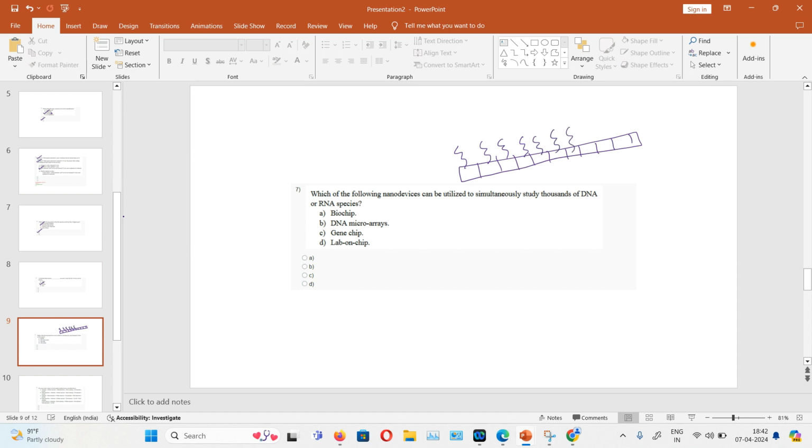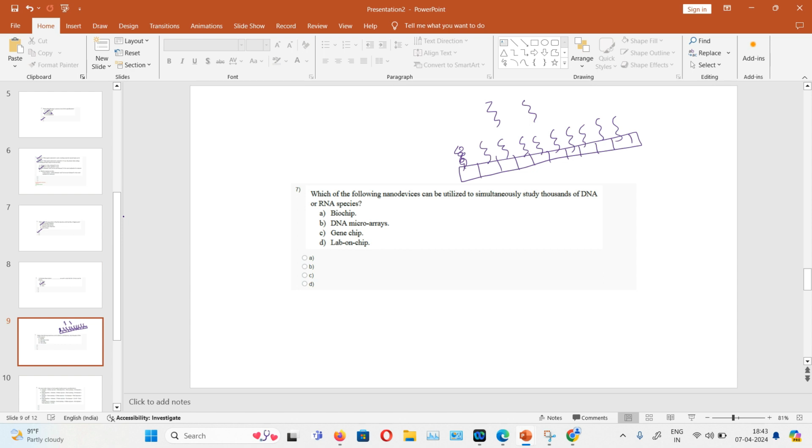That probe can also be DNA. So if a particular DNA can form a complementary strand with this probe, there will be some mechanism such that it can be detected using fluorescence or other means.